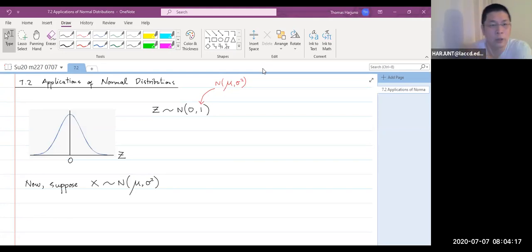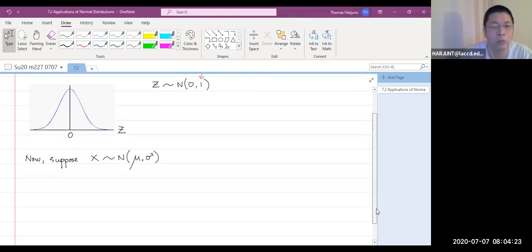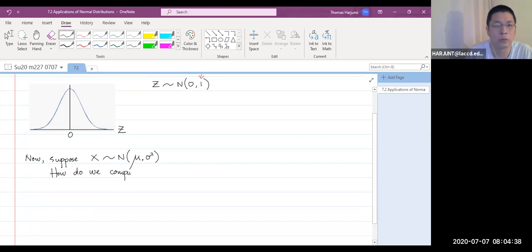Suppose X is a random variable normally distributed with mean mu and sigma squared as our variance. Then how do we compute the probability of an event in random variable X?